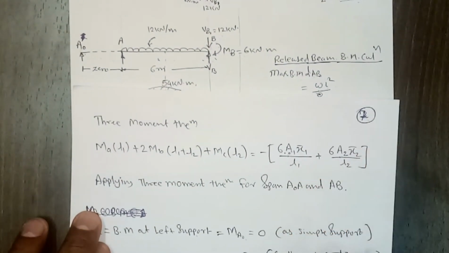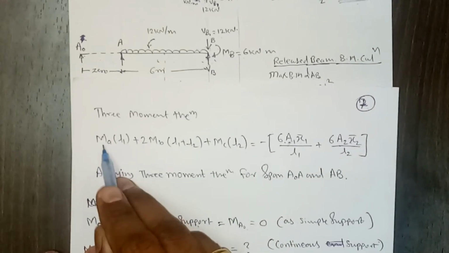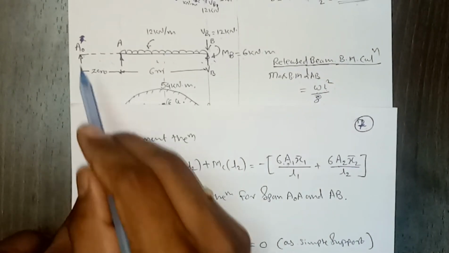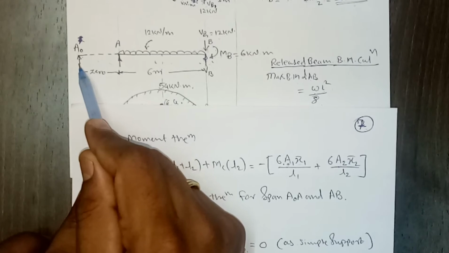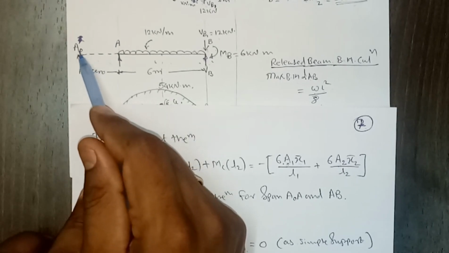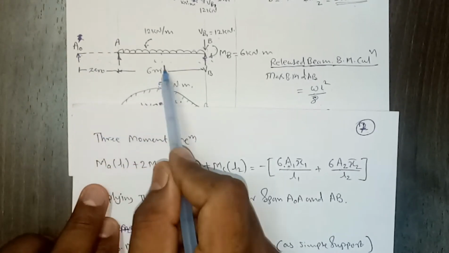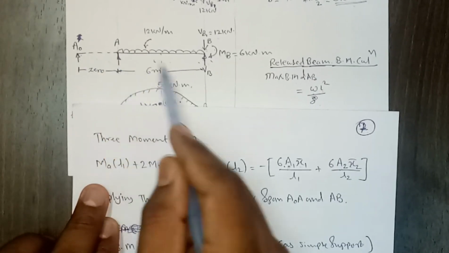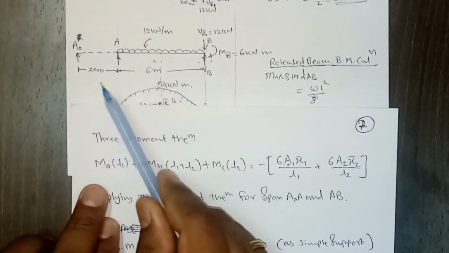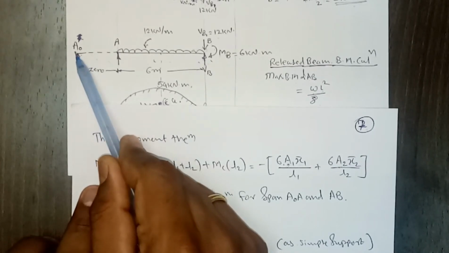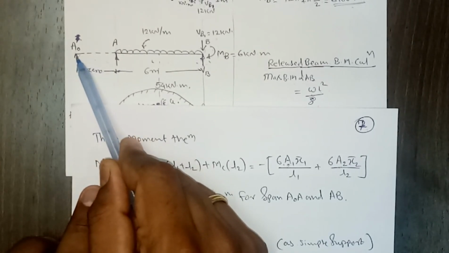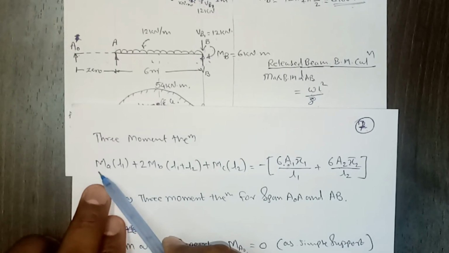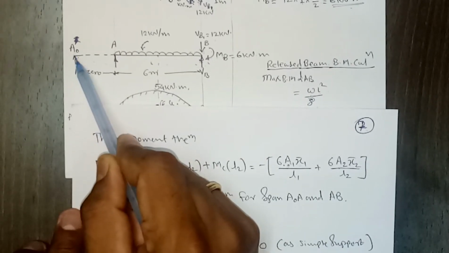Now MA will be the bending moment at the left support. The left support is A0, because we are using this Clapeyron's three moment theorem for A0A and AB, these two consecutive spans. So MA will be the bending moment at A0.